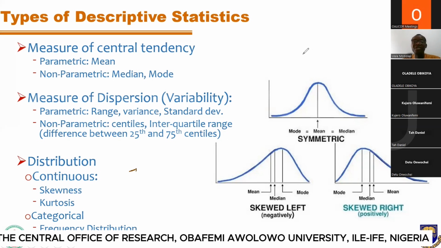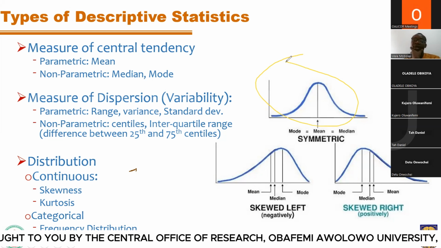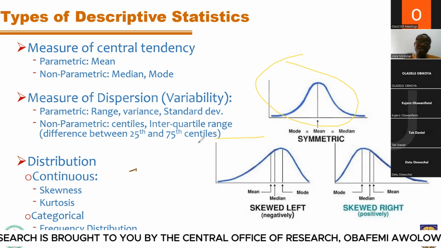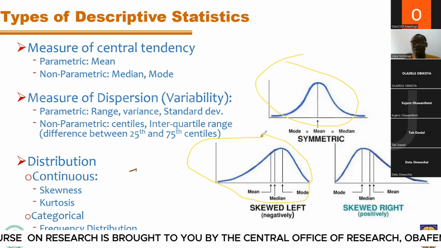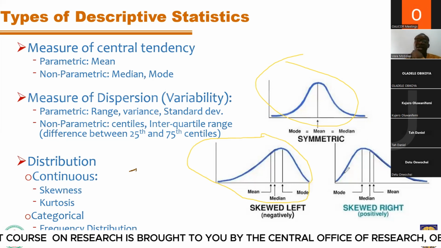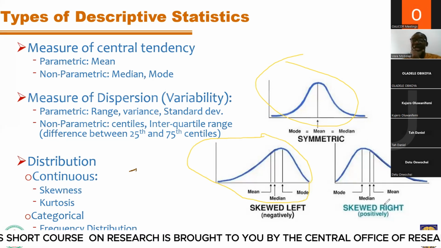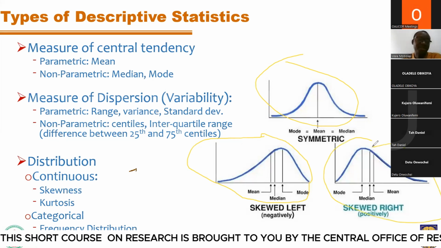Yeah, I'm referring to this. So that is normally distributed. And when you have a result like this, of course, this is achieved using a histogram with a normality curve. When you have a result like this, this means it is skewed to the left. And then this kind of result is skewed to the right.